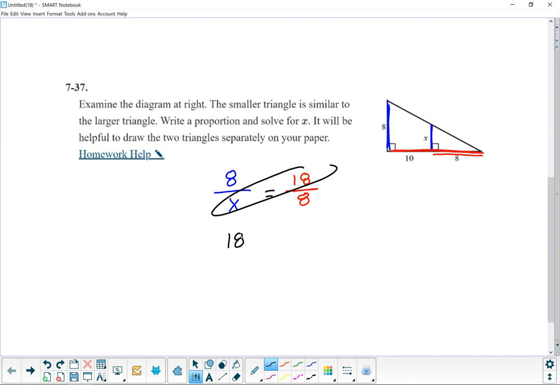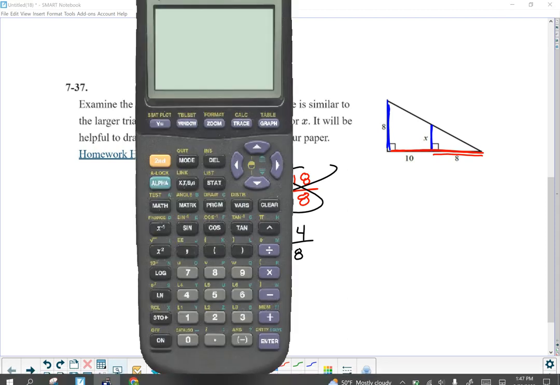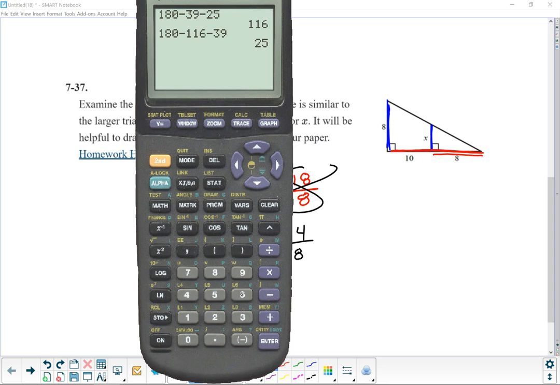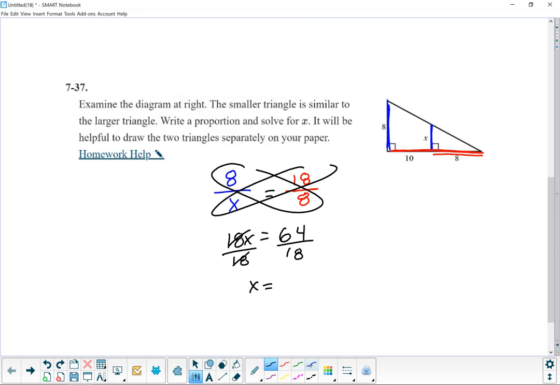18x equals 64. 8 times 8 divided by 18. X equals 64 divided by 18. 3.555. Okay, I think I'm going to go ahead and reduce that.